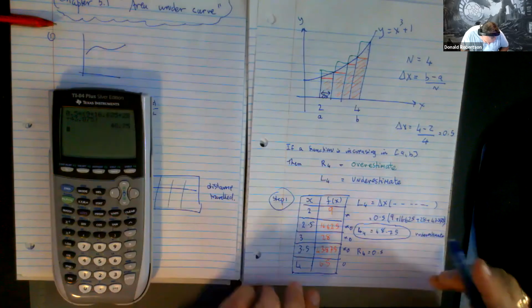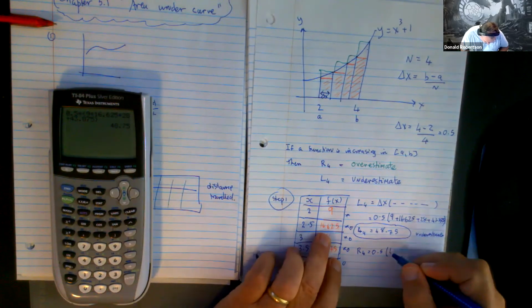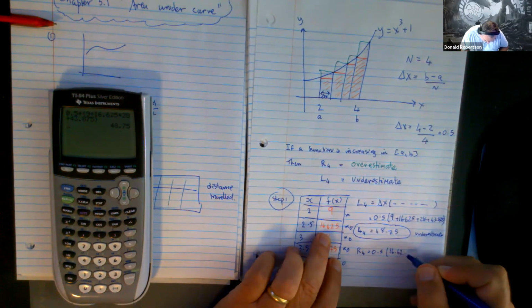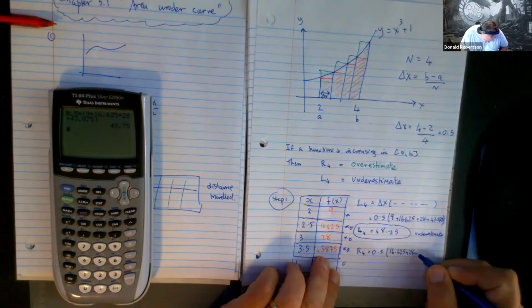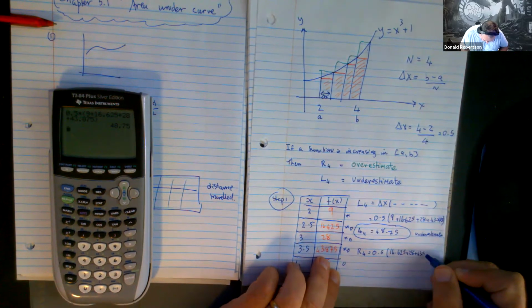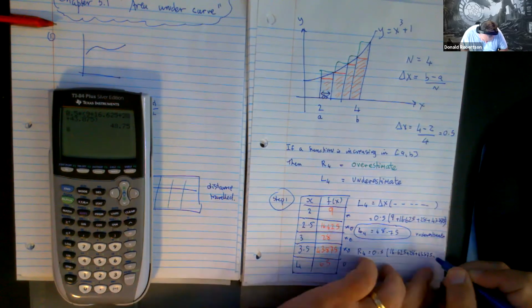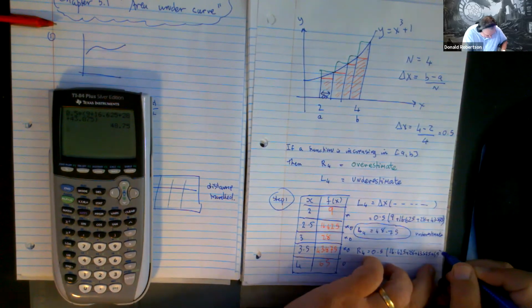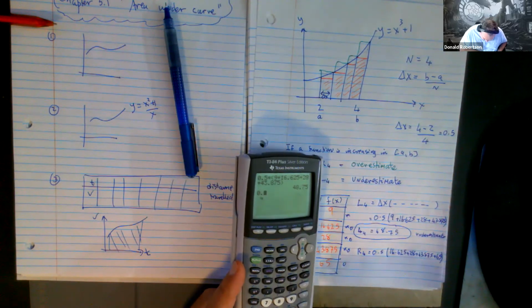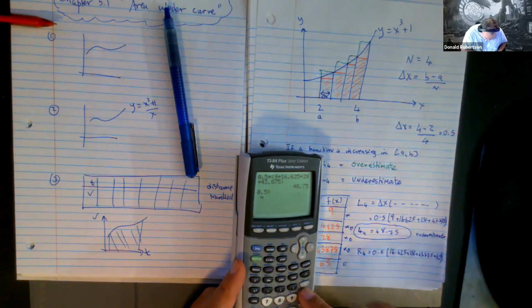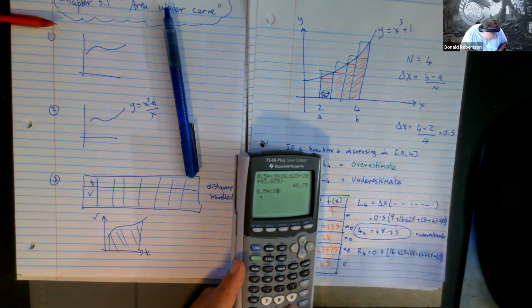And so it's going to be 16.625 plus 28 plus this ugly number and finish with a 65. So it's 0.5 times all those numbers I just said.